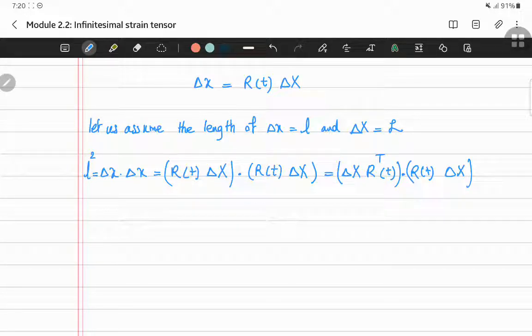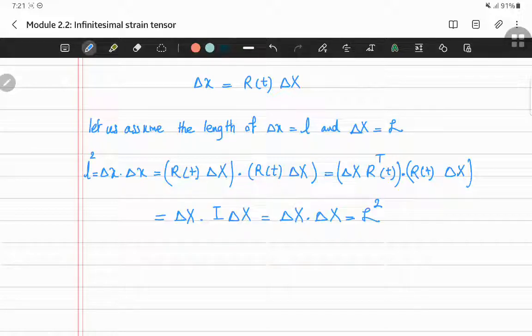So we have delta X dot I delta X, and you know that this gives us delta X. So we have delta X dot delta X, which is equal to L squared.